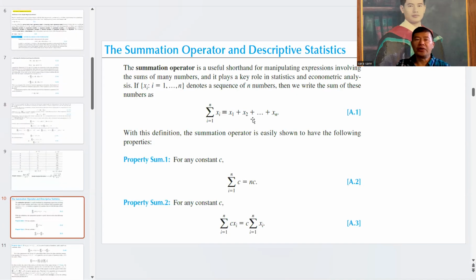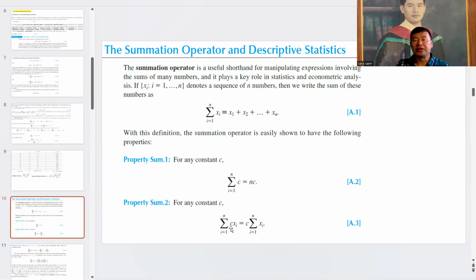This is the original equation. For example, summation i = 1 to n of x_i equals x_1 plus x_2 up to x_n. But for the summation of c, where c is a constant or intercept or number, even if you sum it n times it is equal to nc.